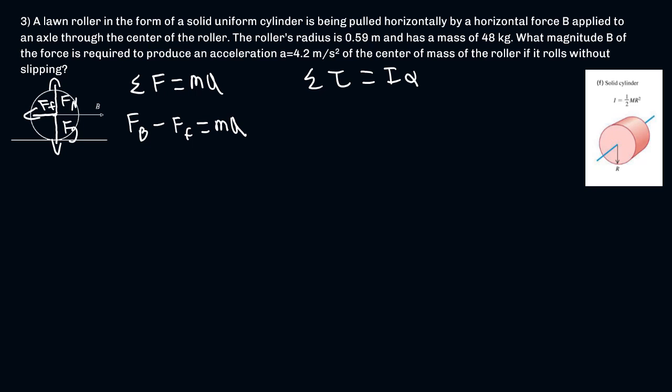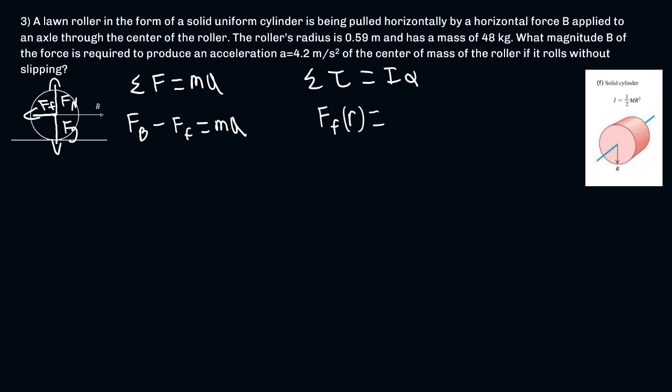And that torque is going to be an applied force at 90 degrees, so we're not going to worry about an angle here. So what I have here for my torque is the force of friction times the radius, or the distance from the axis of rotation. On the other side, I have the moment of inertia.